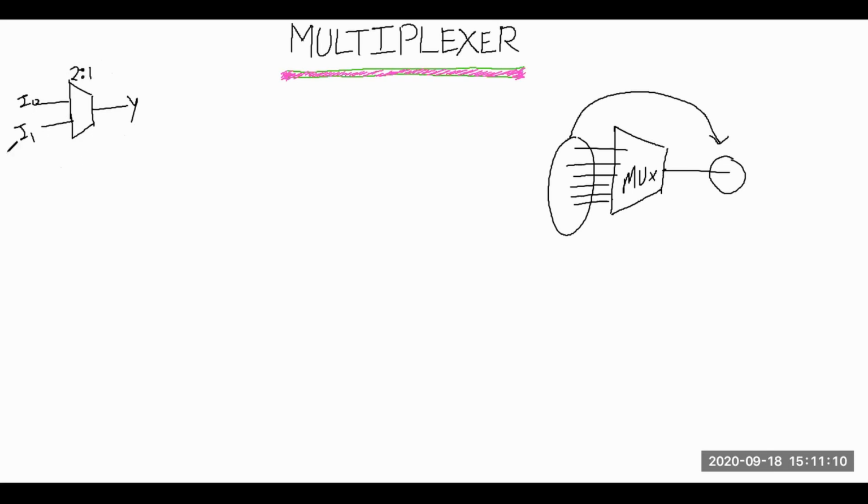For its working, we have some more lines besides the input and output lines. One is the select line, S0, and another is the enable line, which we represent with E.